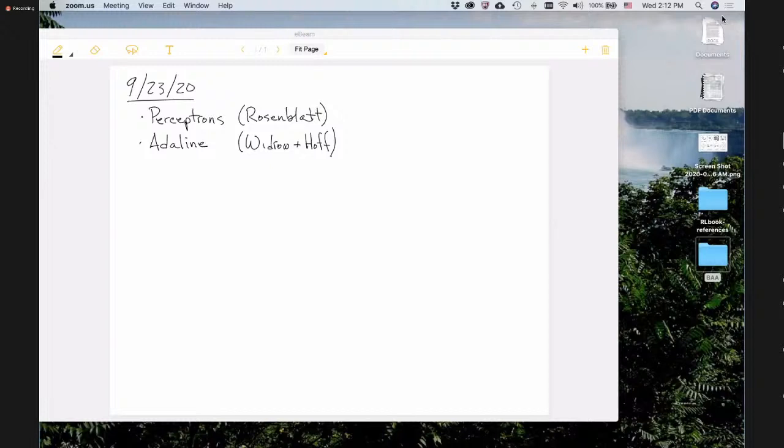I believe the date for that work was around 1960, so it was a few years later than the work from Rosenblatt. But much of what we are going to see going forward in terms of looking at more complex and more recent neural nets, in large measure, can be attributed back to this early work, which is why we're going to spend a good bit of time on these two models. So we're going to begin with the perceptron.